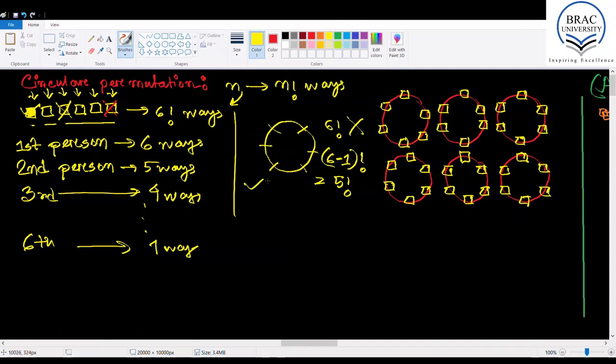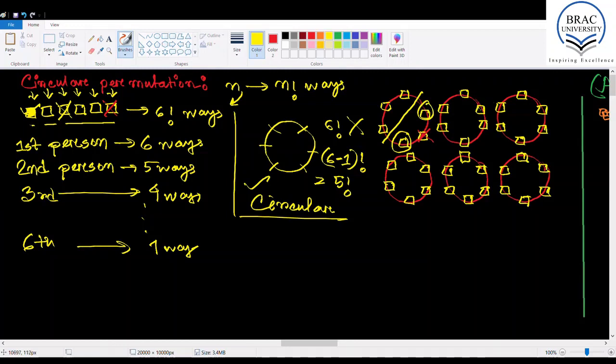So in circular permutation, what will happen? For example, say the first person sits here in this place. If he sits here, he would see 3 seats in front and he would see 1 empty seat to his left and 1 empty seat to his right.